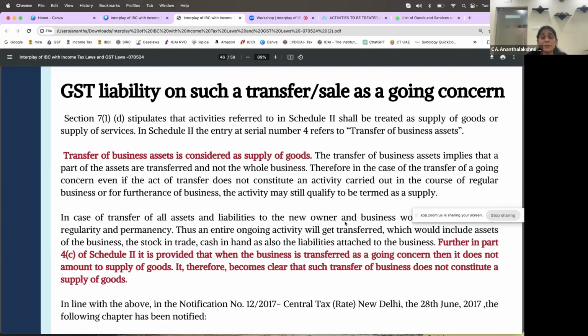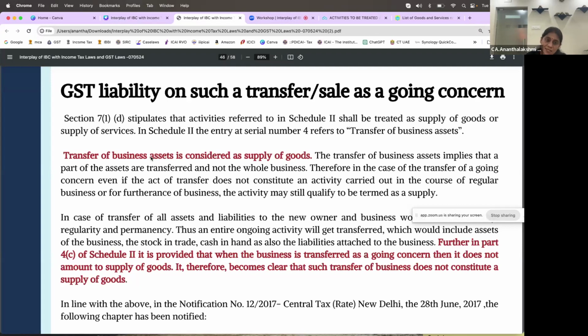Transfer of the business asset. Transfer of the business is different. Whenever the order is issued, or when you are applying for the order, see to it that the correct words are used to avoid any compliance issue at a later point. Whenever you are applying, when the resolution plan is submitted, we have to ensure that proper terminology has been used.